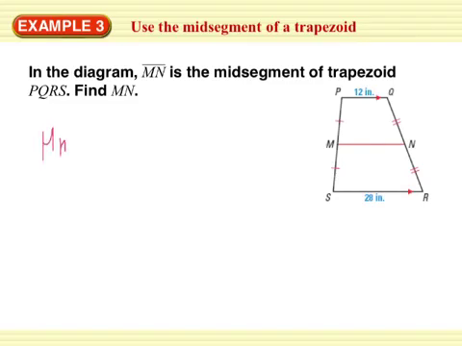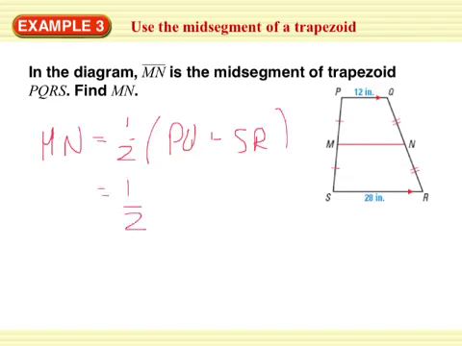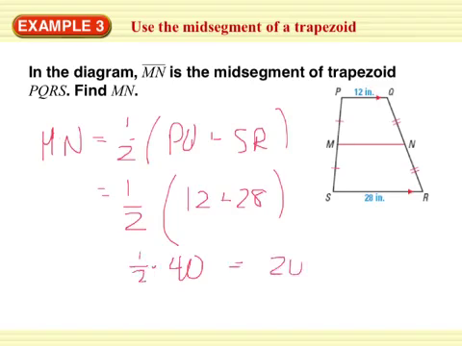So we know that MN equals 1/2 PQ plus SR, or 1/2 12 plus 28. 12 plus 28 is 40. 1/2 of 40 is 20. We have the length of MN.